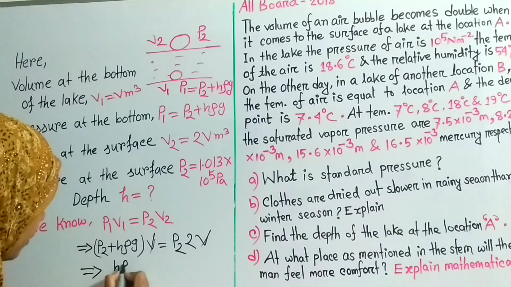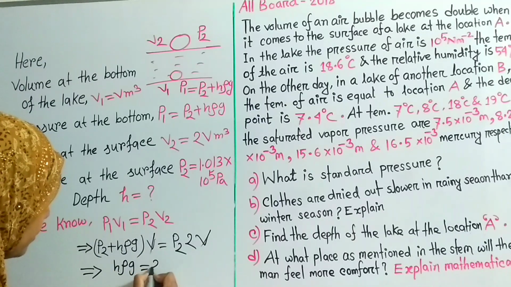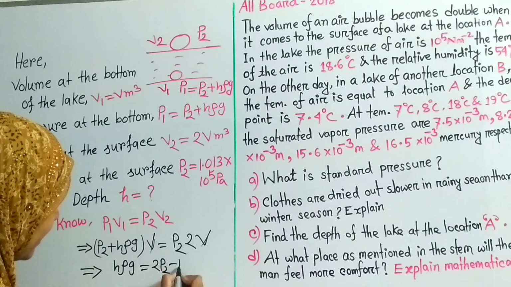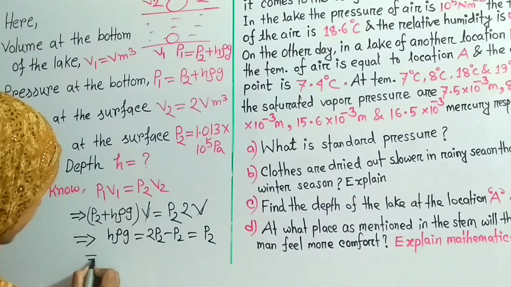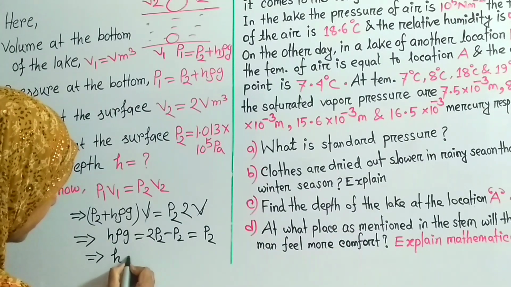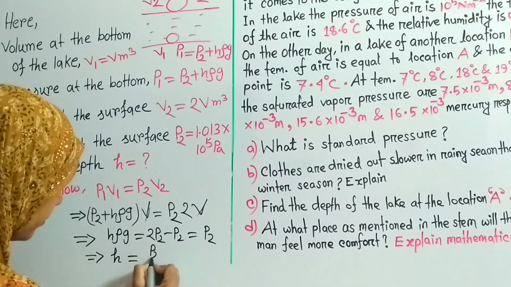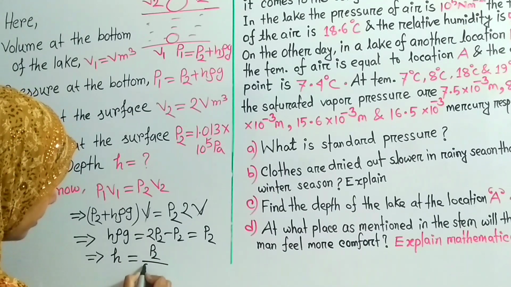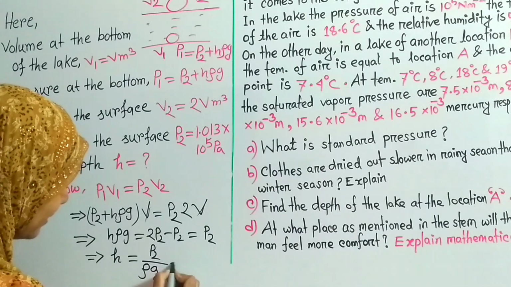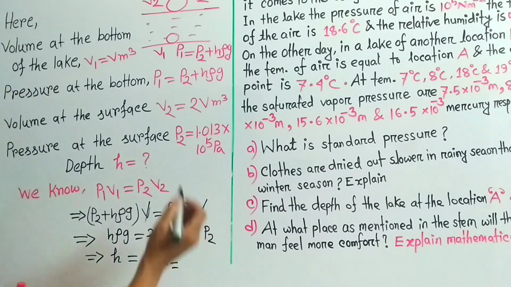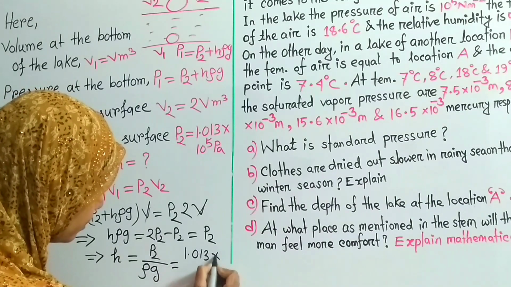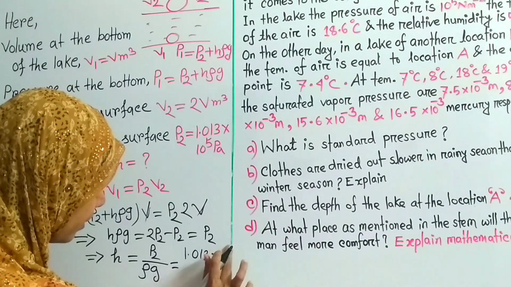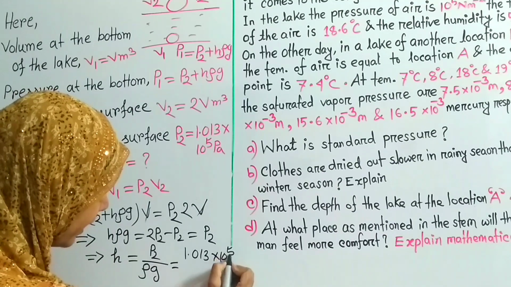Now V cancels from both sides, so we can write that H rho G is equal to 2P2 minus P2, or P2. So H is equal to P2 by rho G, and the value of P2 is 1.013 into 10 to the power 5.